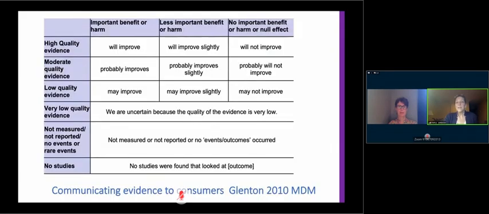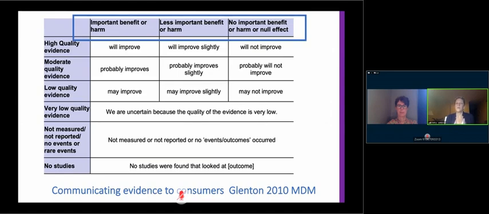So what we did come up with, to begin with, back when we published in 2010, was the system of how to communicate results. Across the top, we just divided it up into important benefit, a less important benefit, and no important benefit. And we came up with how we could communicate these statements.